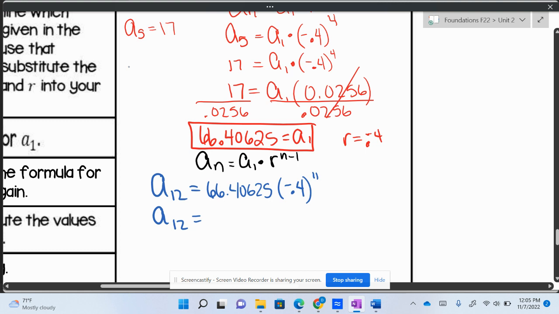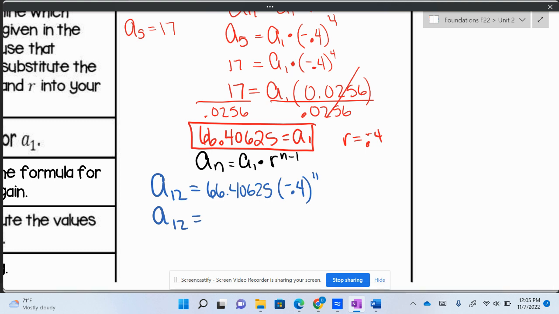So a to the 12th is what? I didn't solve it out. What is 66.40625 times negative 0.4 to the power of 11? Did anyone do that? Is someone calculating that for me?